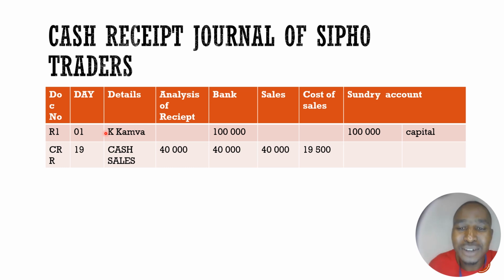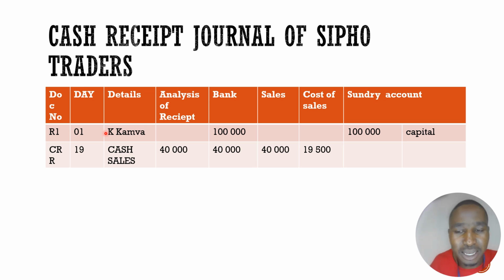So you can have slips that you can analyze for each and every sale that you are making. That is why on the source document you write CRR. The proof, the receipts for those sales are on the cash register roll.